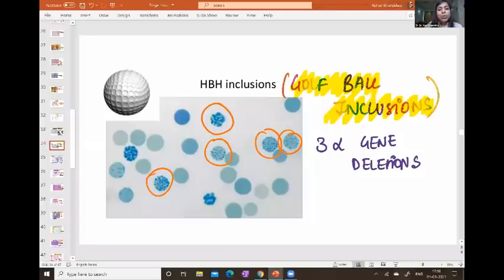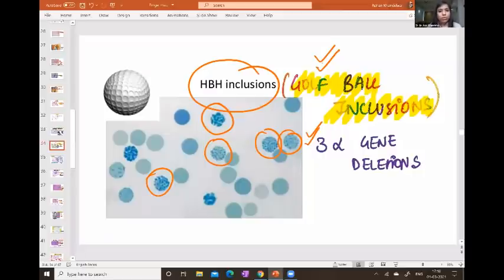So these bluish dots look like pits of a golf ball. These are called golf ball inclusions, and they are called HbH inclusions. They are actually seen in alpha thalassemia, which is due to 3 alpha gene deletions, right? If 3 alpha genes are deleted, it leads to HbH disease, and that will show HbH inclusions, which are golf ball inclusions, right?